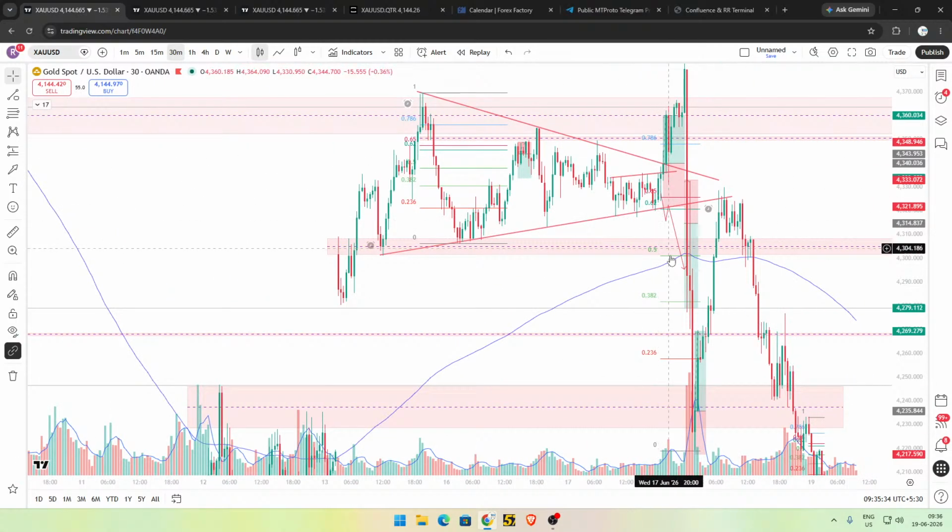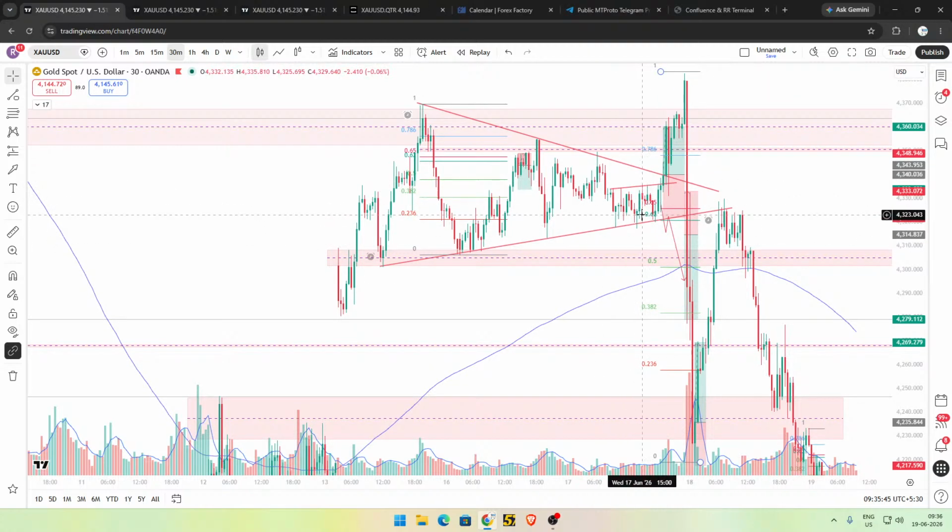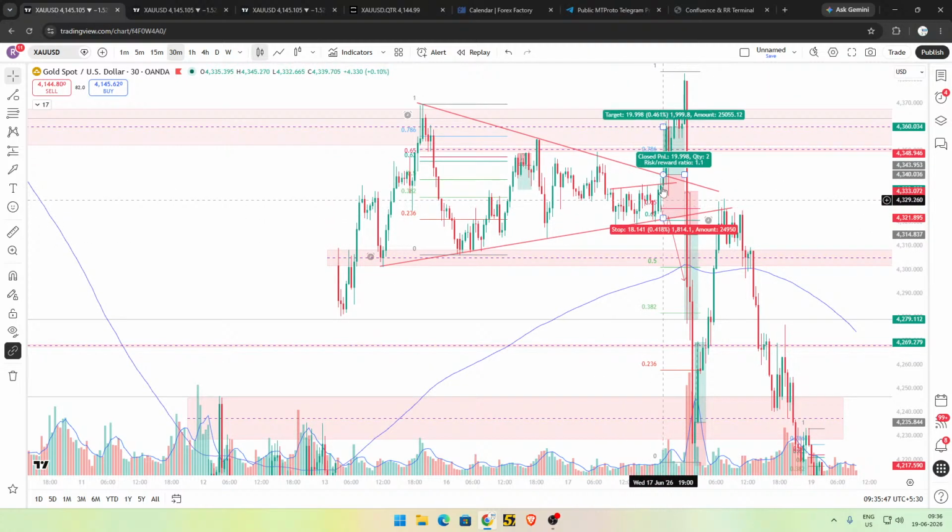See in 15 minute also, 30 minute also, it has a very big gap. So there is a high tendency for the market to give a breakout on the bullish side, and I was shorting the full day. And when it gave a buy movement, I was not prepared and didn't take the trade.